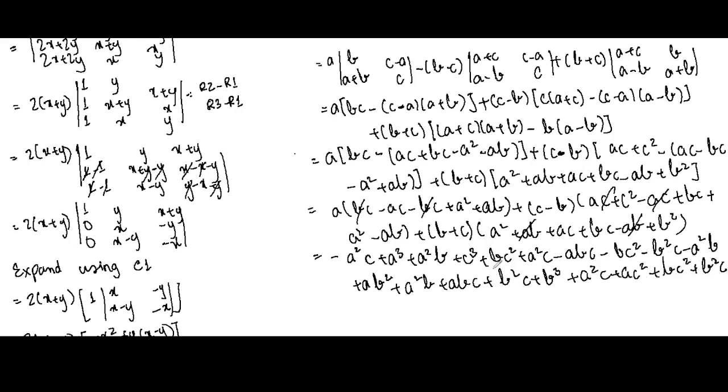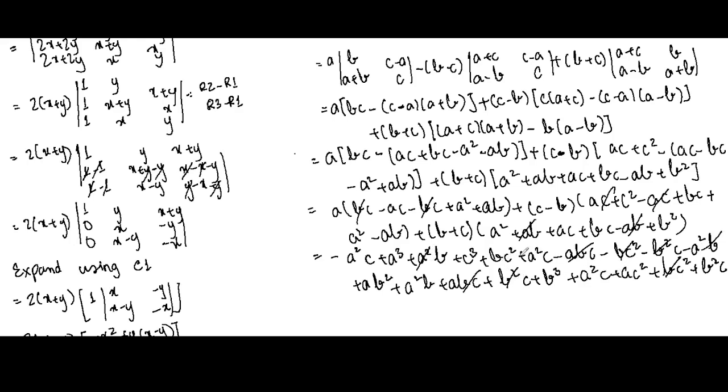Now let's see what can be cancelled. So minus abc plus abc, then we have minus b square c. Let's find b square c. Yes. Then we have minus bc square plus bc square minus a square b plus a square b.